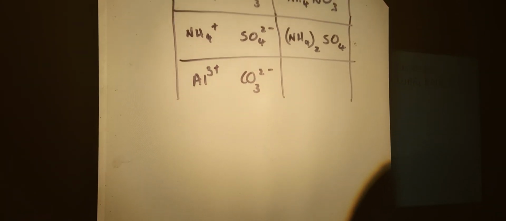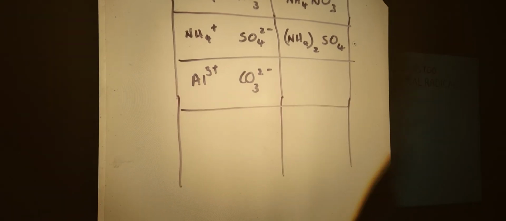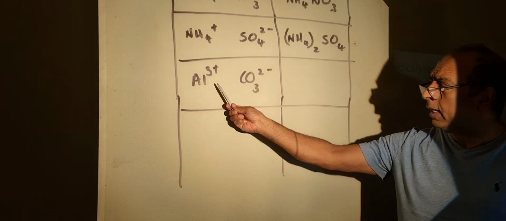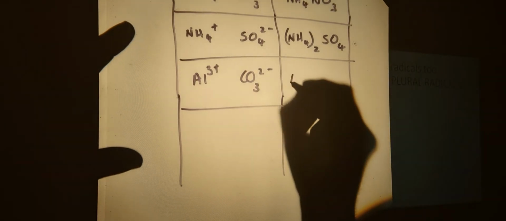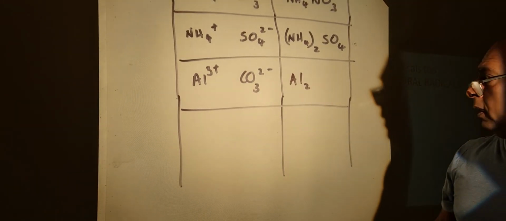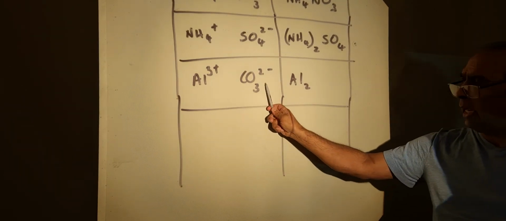Aluminium carbonate. Carbonate is CO3, 2 minus. So, how many of those to how many of those? Start with aluminium, two of those would give us 6 positive. How many carbonates?